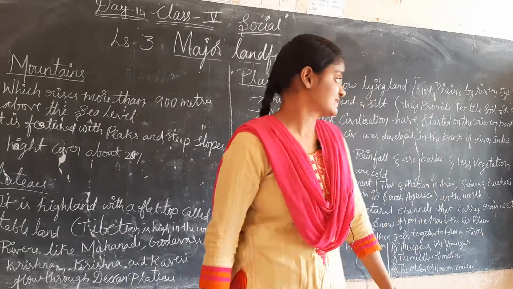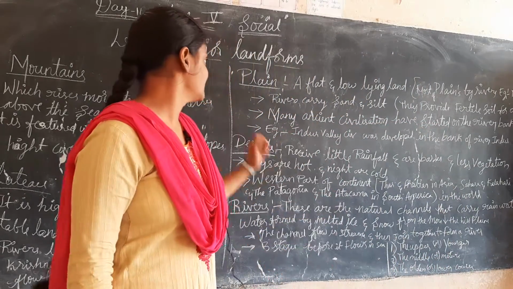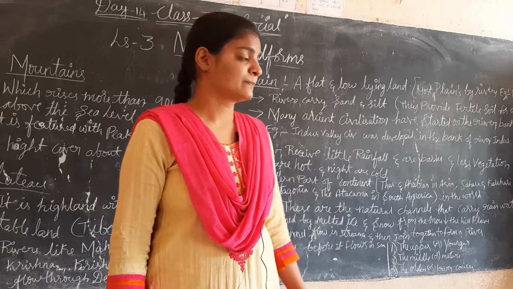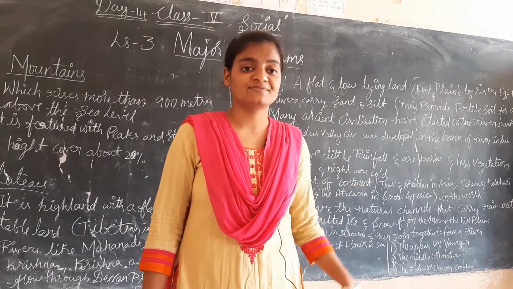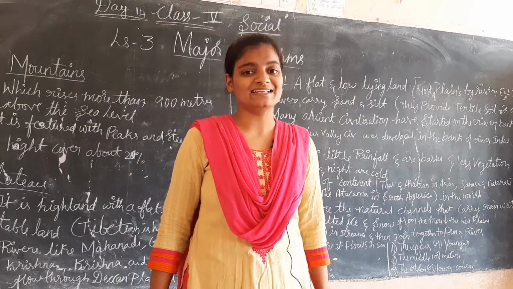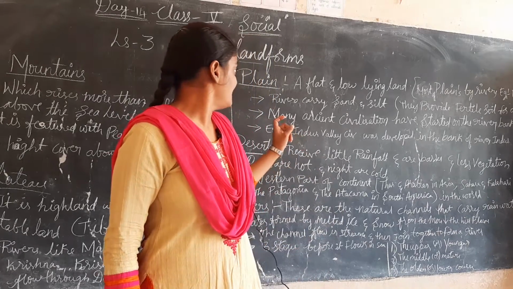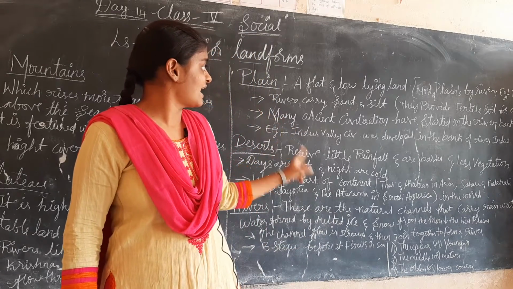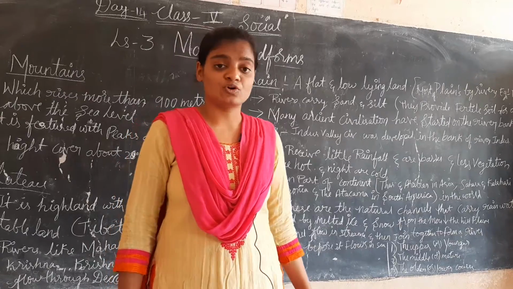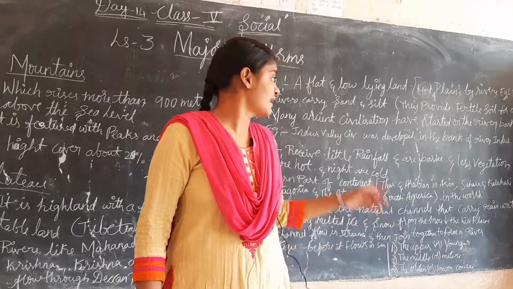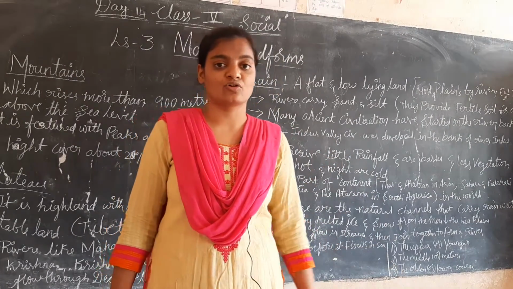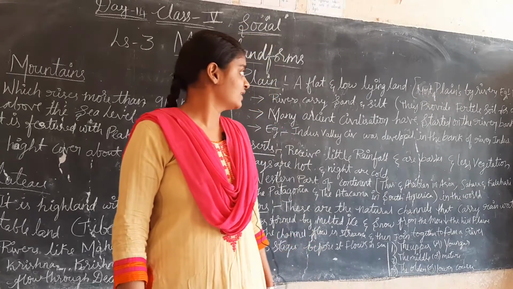Now next, plains. What are plains, children? Flat and low lying lands are called plains.